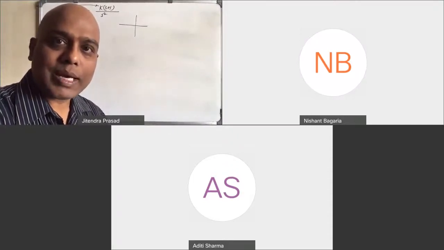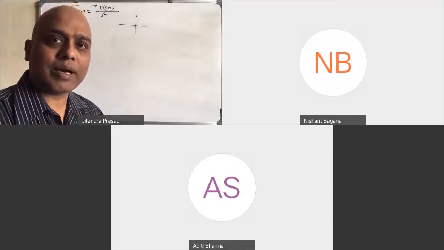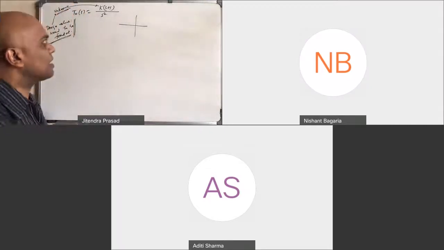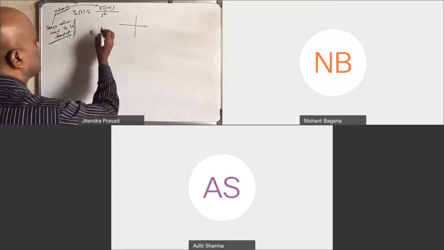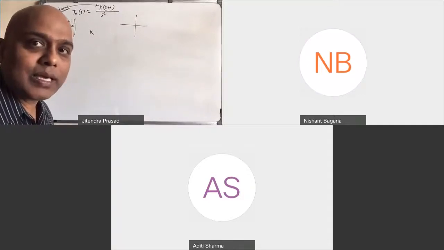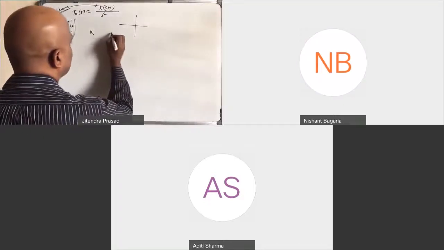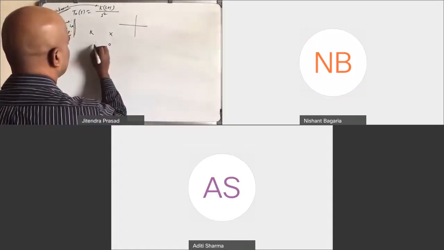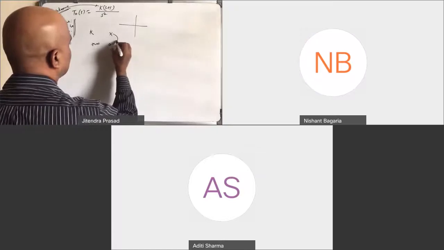Now next, what is the difference between the break-in and break-away points? You go from K equal to 0 to K equal to infinity. K equal to 0 will be at the poles, and K equal to infinity will be at the zeros, so you go from here to here.